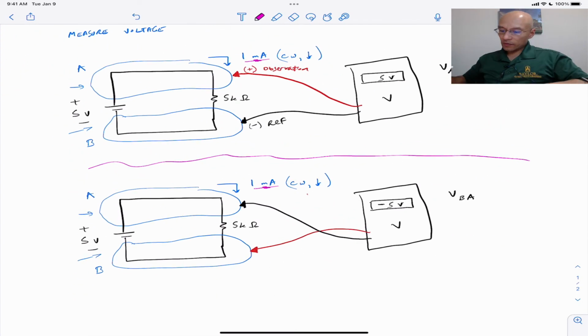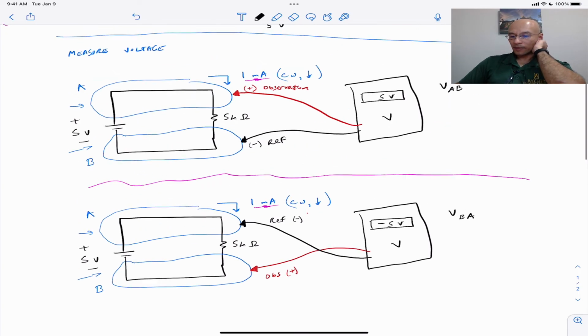Okay, so we have the same circuit in two cases, but because of the direction or the polarity of the voltage measurement, you get a negative sign. And really, that voltmeter is just showing you the voltage difference between the observation point and the reference point. So that's what we mean when we measure a voltage, and that's how the sign comes into play.